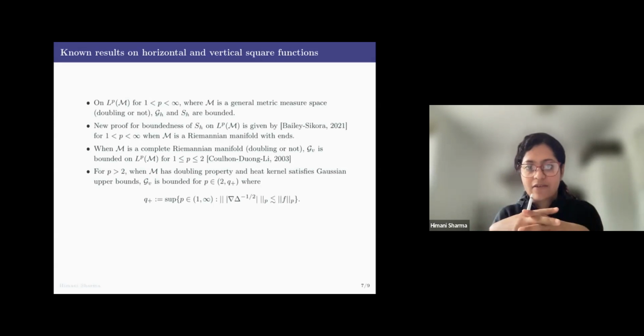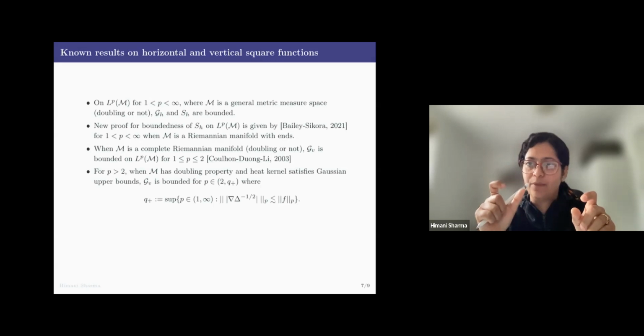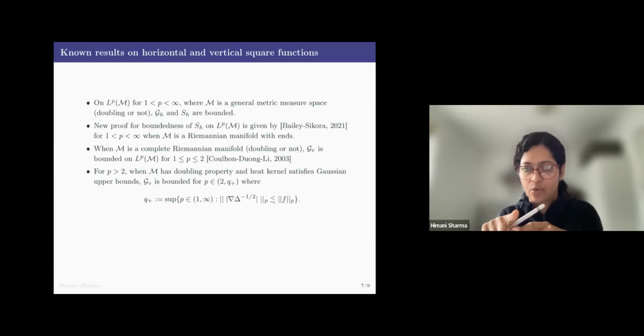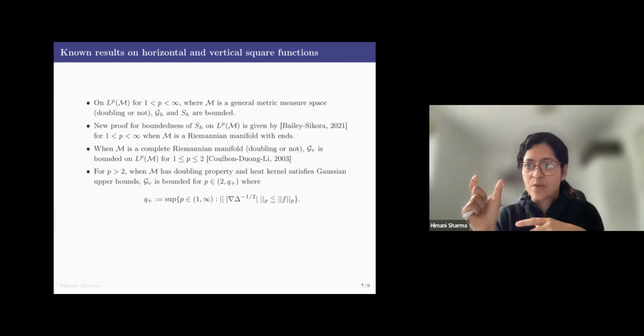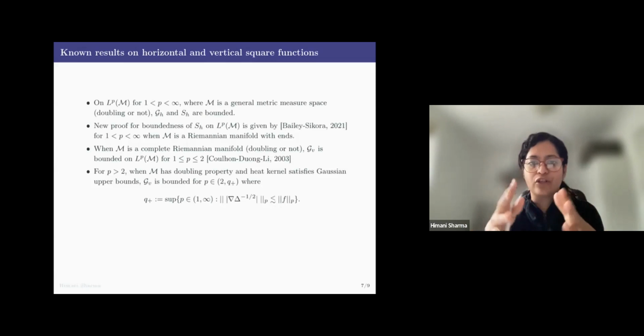In those cases, this q+ here is the set of all p for which the Riesz transform is bounded on L^p(M) spaces. Once we have boundedness of the Riesz transform, we get boundedness of the vertical square function, but for the range 2 to q+ only. And this was proved for a doubling metric measure space which satisfies these Gaussian bounds.